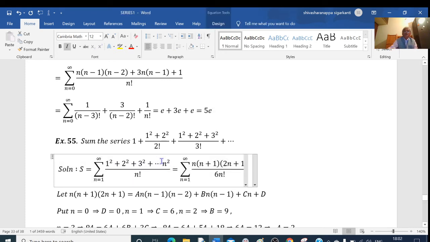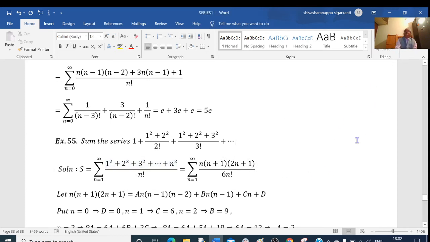The sum of the squares of the first n natural numbers is given by n into n plus 1 into 2n plus 1 divided by 6, and this n factorial as it is.